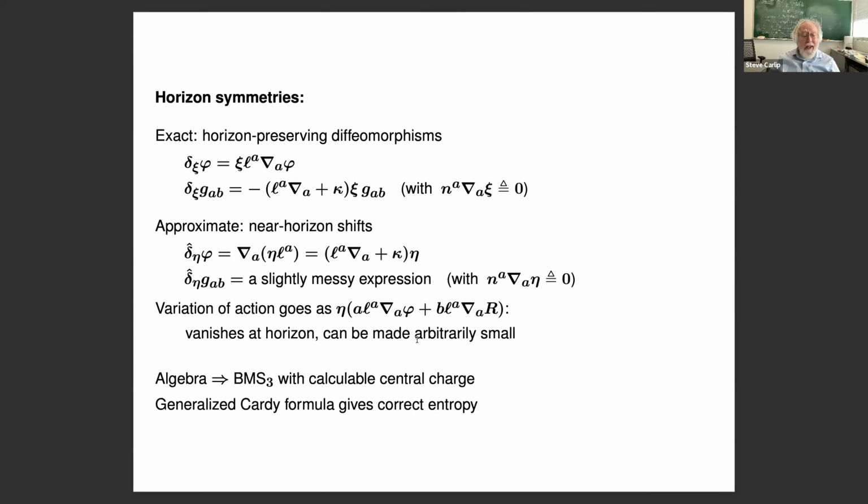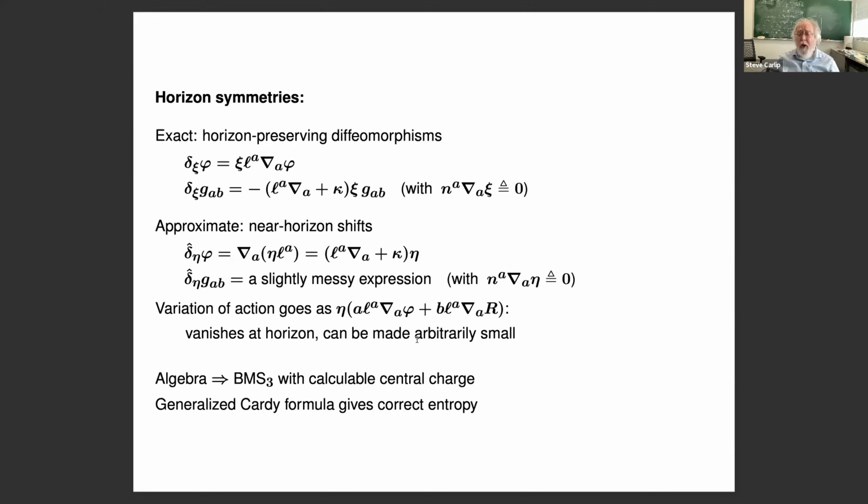And so what you get is a variation of the action that's zero at the horizon, that's not zero off the horizon, but can be made arbitrarily small by having this shift in the area just die off very fast away from the horizon. So that gives you an approximate scale symmetry.